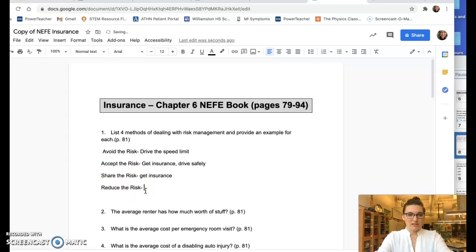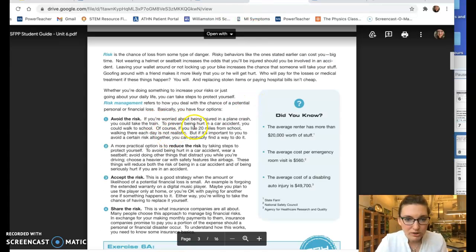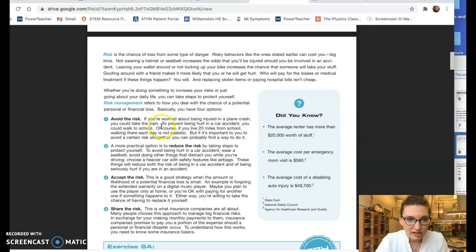So reduce the risk is going to be, and let's see what they said about this. Avoid the risk is going to be like take the train if you're worried about a plane crash, or walk to school instead. You could wear a seatbelt is a good way to reduce the risk. Accept the risk means like you're just not going to worry about it. I might not buy a protection plan on my new video game because I'm fine with maybe it getting scratched.